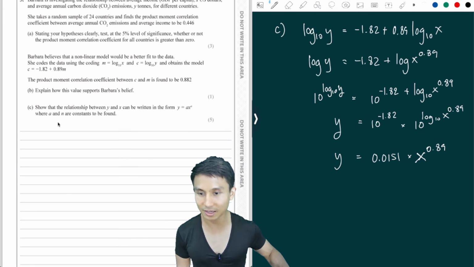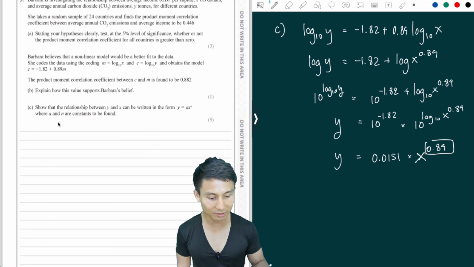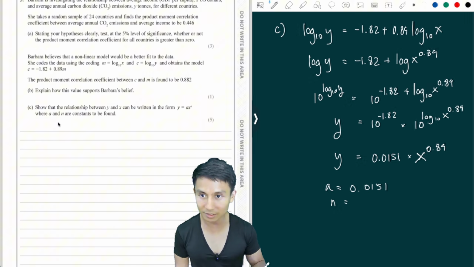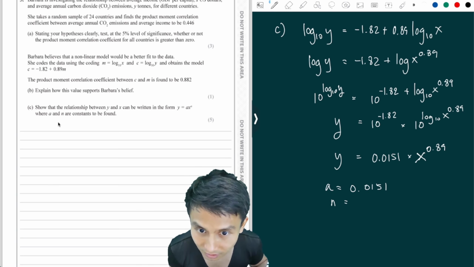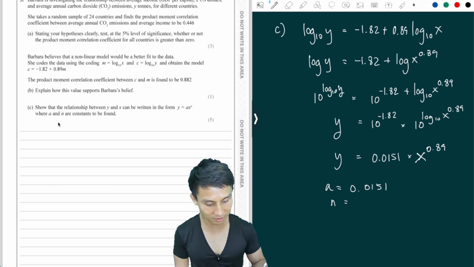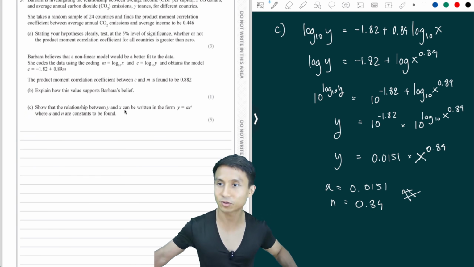So A is 0.0151 and N is just that. Okay, so I could write A equals 0.0151 and N is, was it N? Yeah, that looks like an N. Oh, yeah, it's N, 0.989. Okay, so that's it for this one.